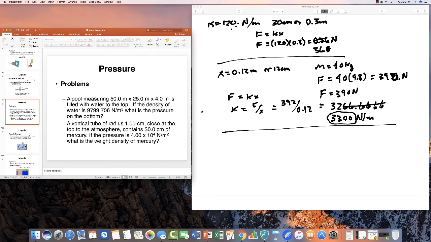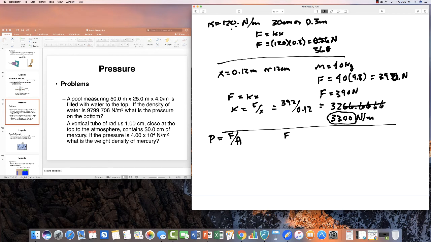First of all, remember that pressure is equal to force divided by area. So how much force, or what is the weight of this fluid in this pool? Well, it's going to be the volume in the pool times the density, because remember, density is the weight divided by the volume.